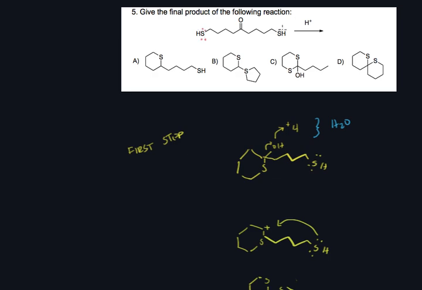So in the first step, the proton is going to protonate this oxygen, giving the carbonyl carbon an even more pronounced partial positive charge, and the electrons from the sulfur are going to come in and attack that.